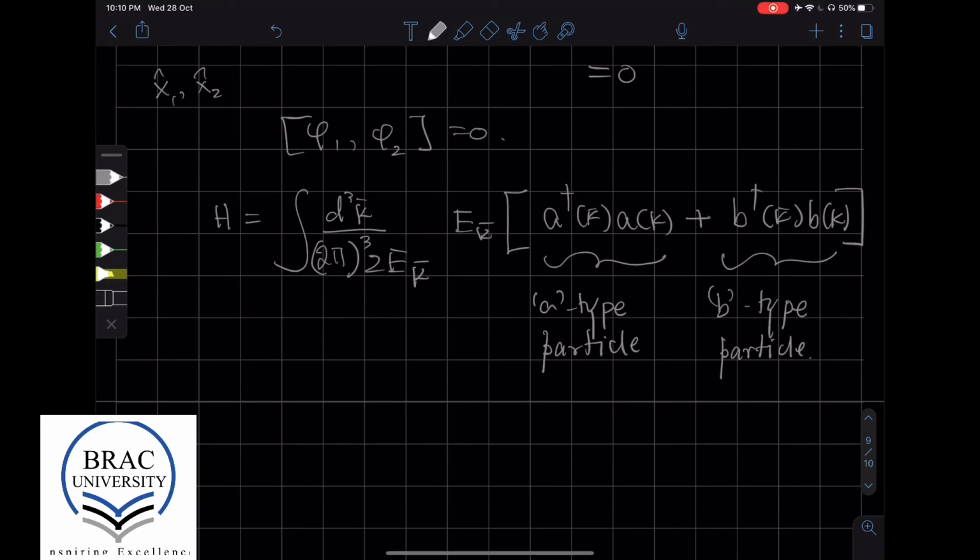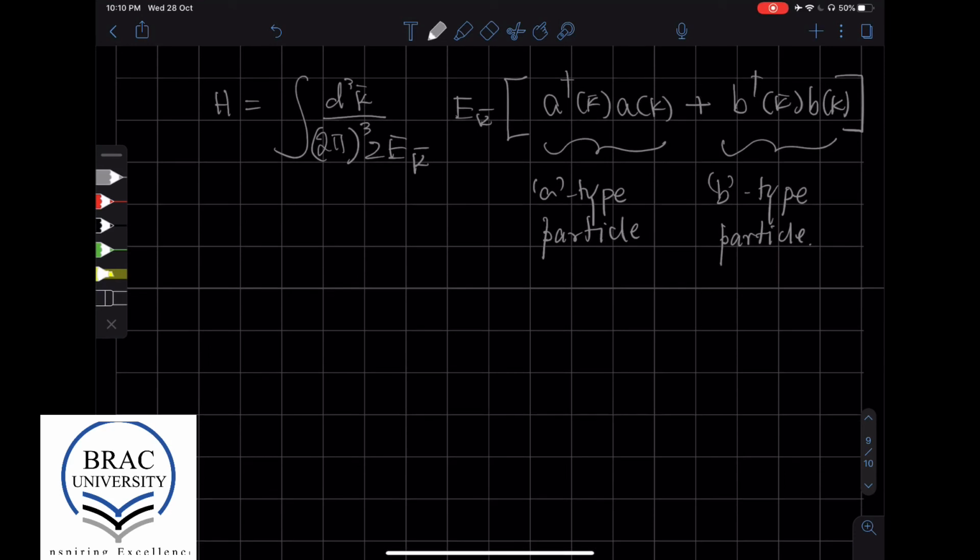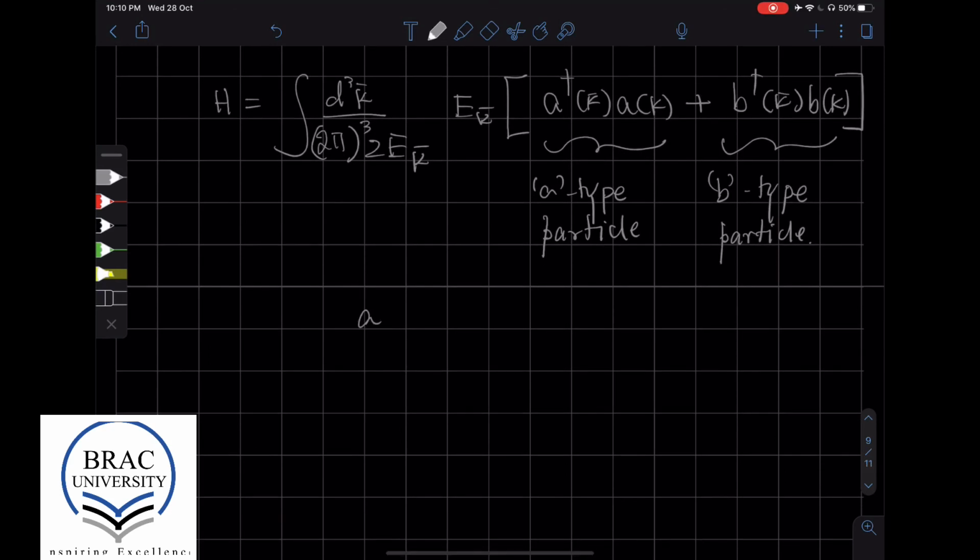In the next lecture, we shall see that a and b-type particles can be interpreted as antiparticles of each other. So if a is a particle, the b particle would be the antiparticle. It'll have the same mass, but opposite charge.